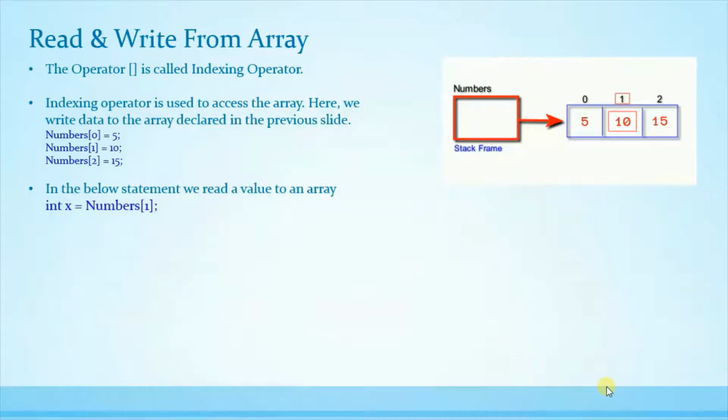The value is 10 here, that is read and assigned to the integer variable x. So this is reading the data. Reading and writing both are done through the indexing operator, with the index value placed in between the square brackets.